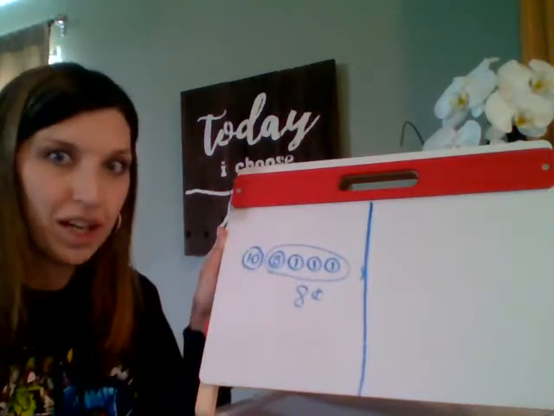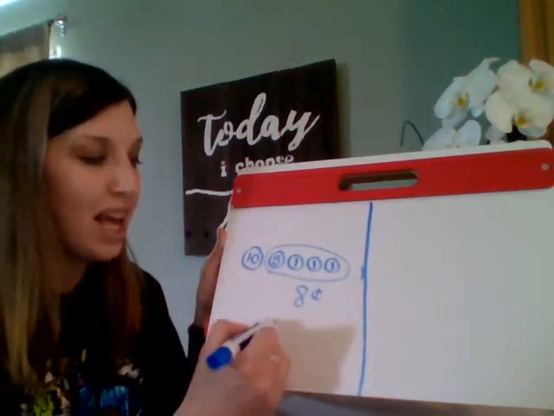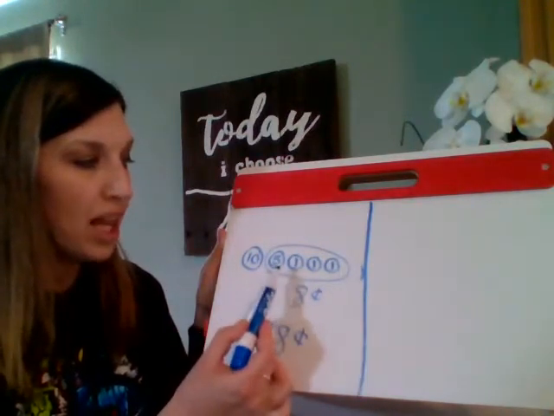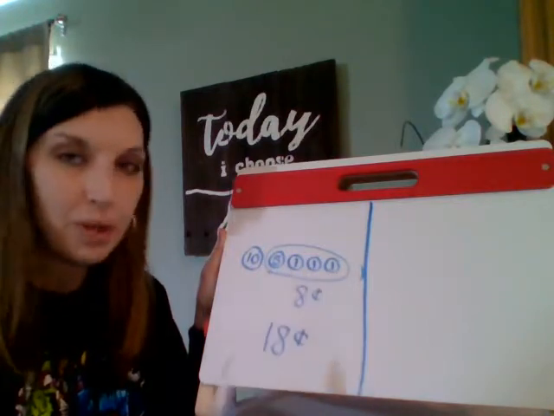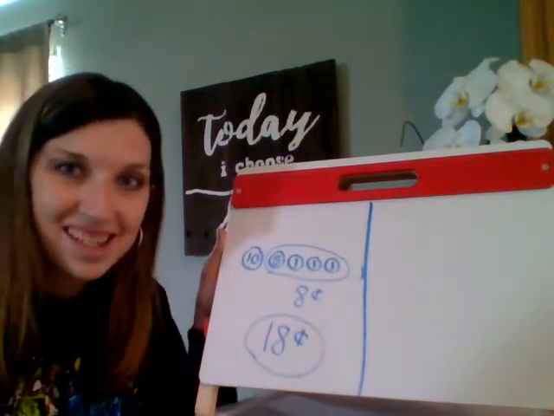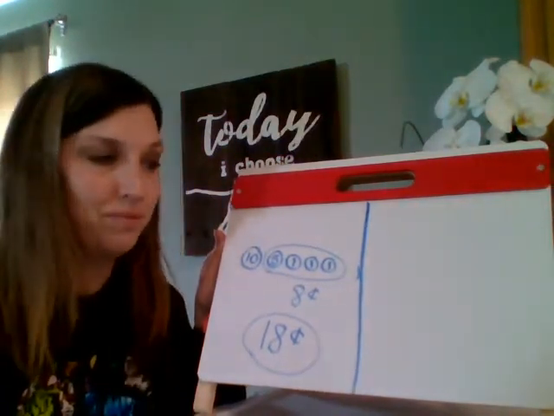But I have my 10 over here. 10 plus 8 more is 18. So a dime plus a nickel plus 3 pennies is 18 cents. If you had 18 cents, great job. I'm so proud of you.